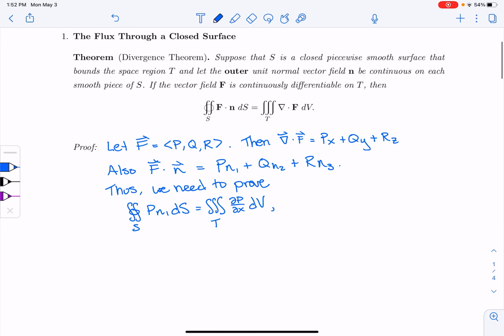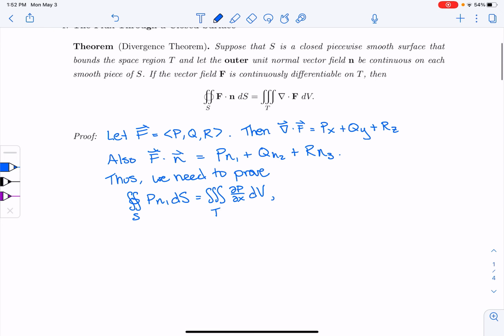And then we would need to prove that the surface integral of Q times the second component of N dS is equal to the triple integral over T of dQ dy dV.